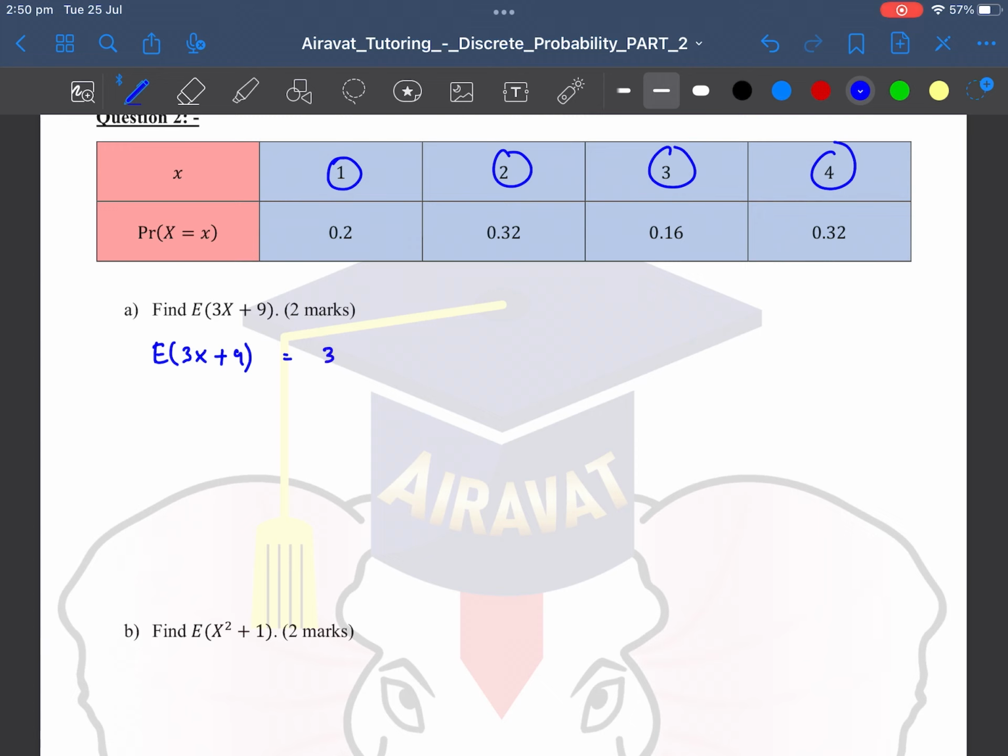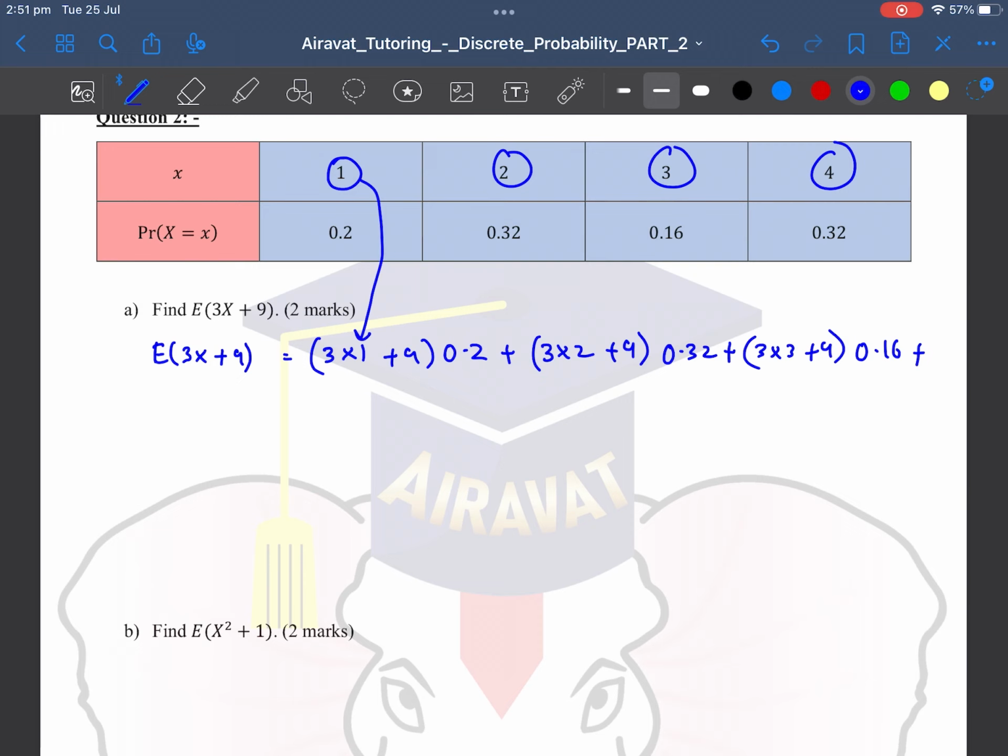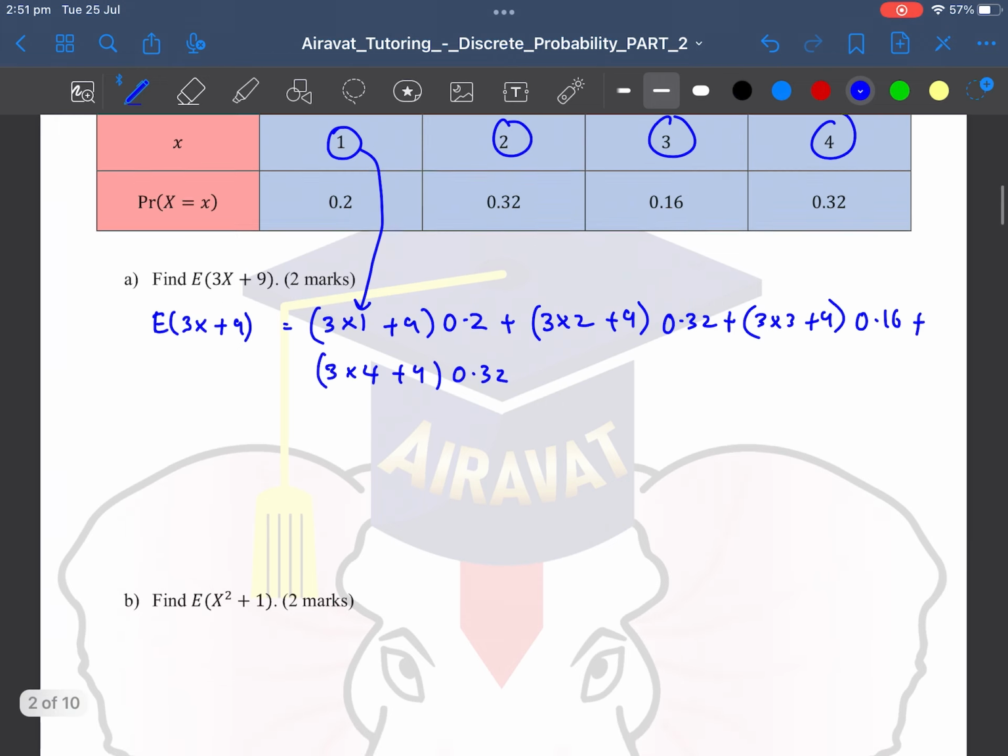So 3 times 1 plus 9, this 1 comes from here, just substituted in place of x, and then multiply the whole thing by 0.2, plus 3 times 2 plus 9 times 0.32, plus 3 times 3 plus 9 times 0.16, plus 3 times 4 plus 9 times 0.32. Now after simplifying this, you would get an answer of 16.8.